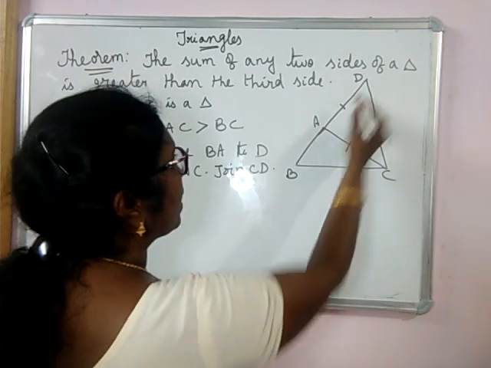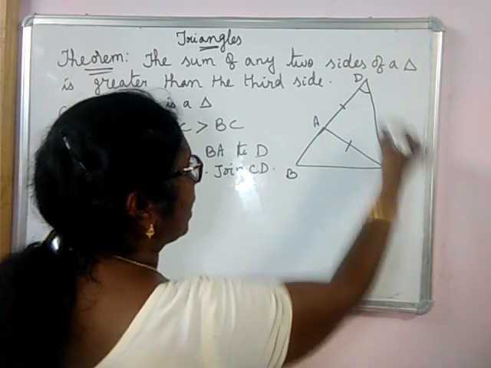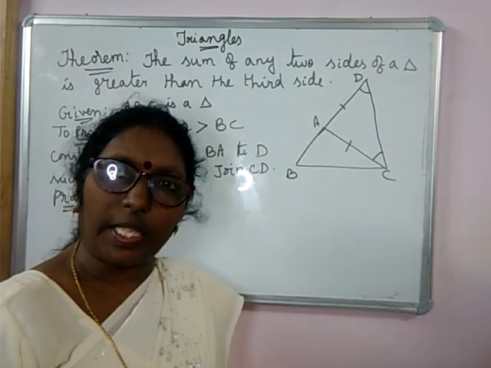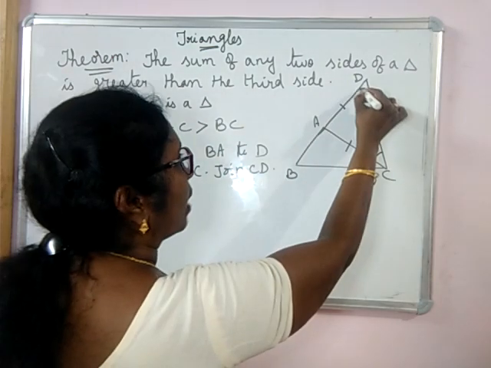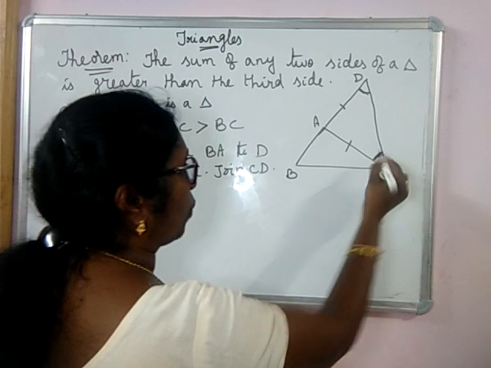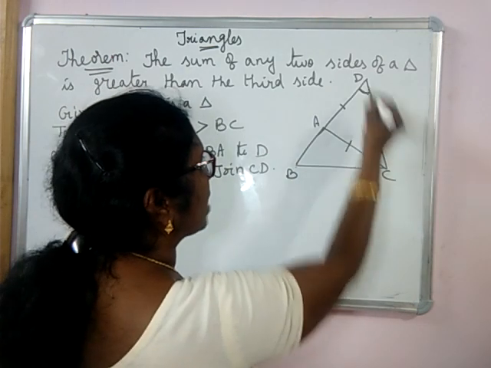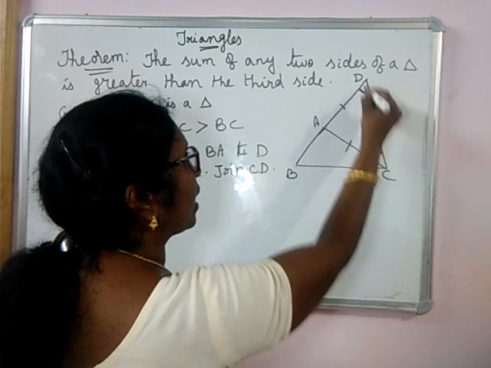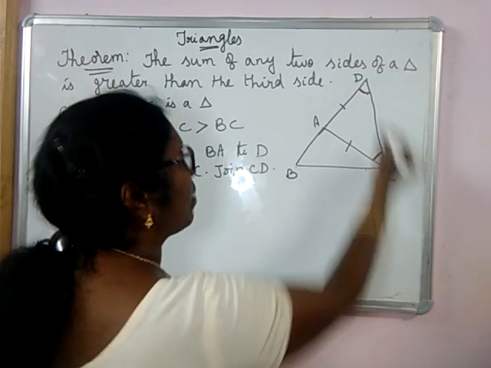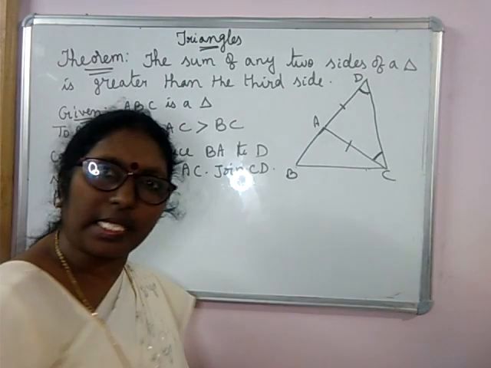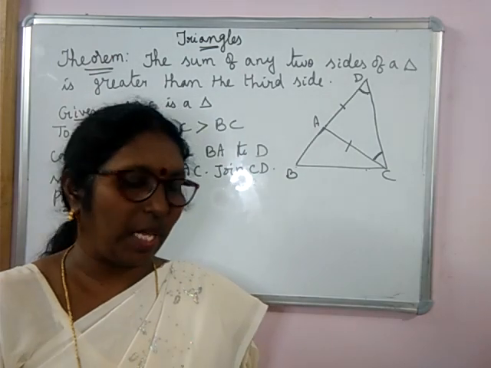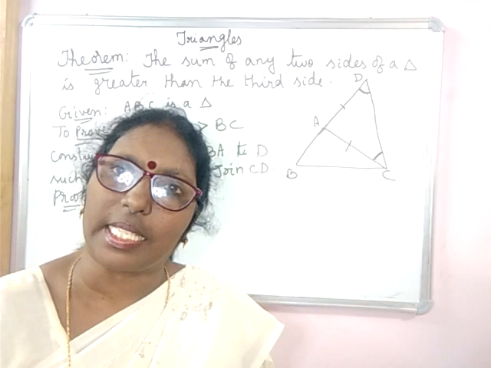In triangle ADC, angle ADC is equal to angle ACD because AD is equal to AC. Angle BCD is the complete angle, so angle BCD is greater than angle ACD. That means angle BCD is greater than angle BDC. Already you have learned that in a triangle, the side opposite to the greater angle is greater.